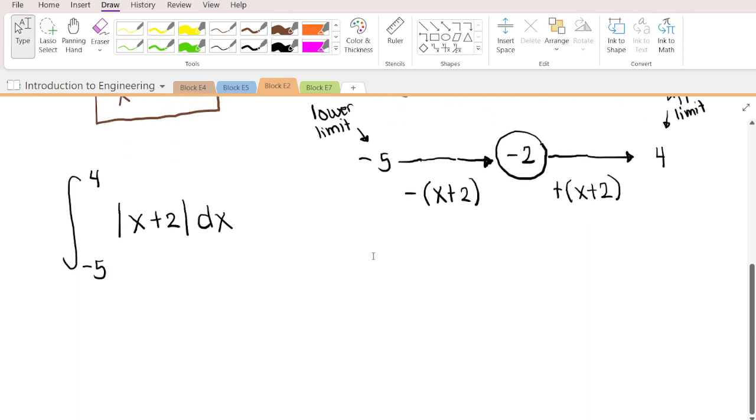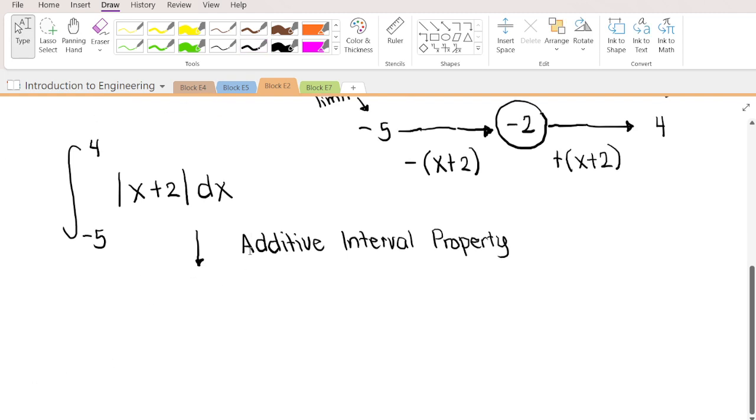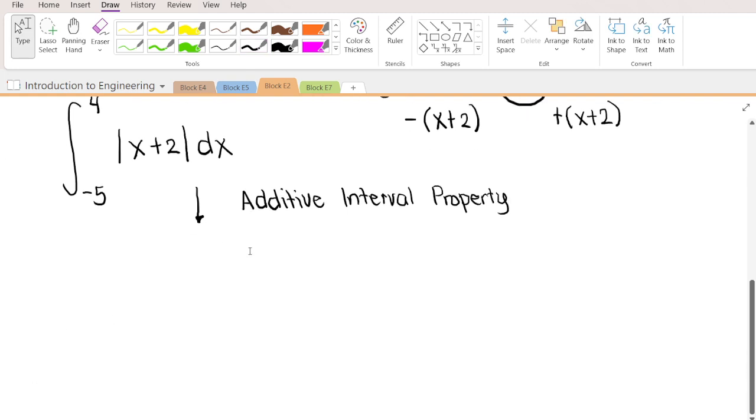So now, to do that, we have what we call in integral calculus the additive interval property. The additive interval property states that you can actually break down an integral of a particular function with lower and upper limits into two parts.